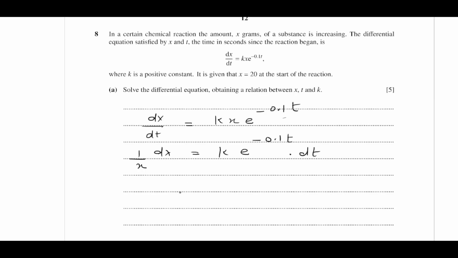Okay, then I will integrate both the sides, and at the start the value of x is 20, so I will integrate between 20 to x, and here it will be integrated between 0 to time t, e power minus 0.1 t dt.